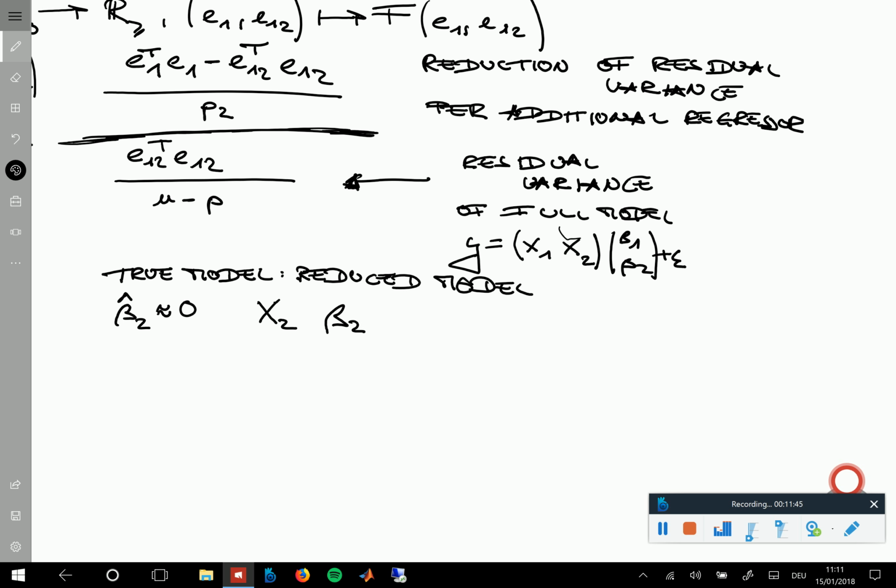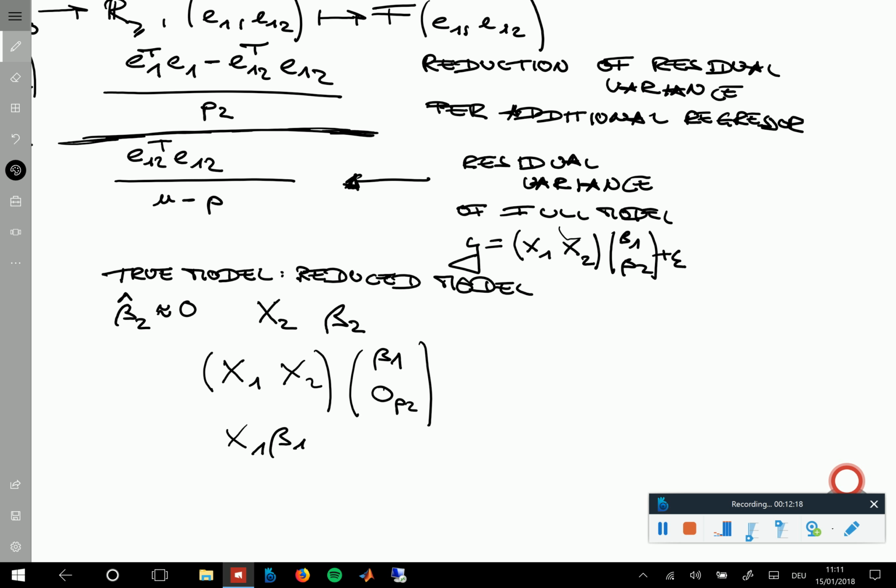Yeah. So because you can view the reduced model always like this, so X1, X2, beta 1 and 0, a p2-dimensional 0 vector here, that is the same thing as X1 beta 1, because if beta 2 is 0, this doesn't have a contribution.